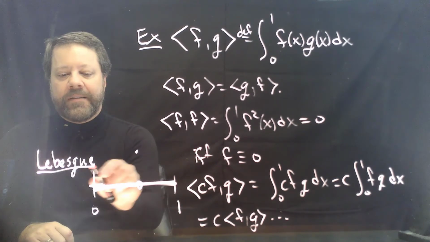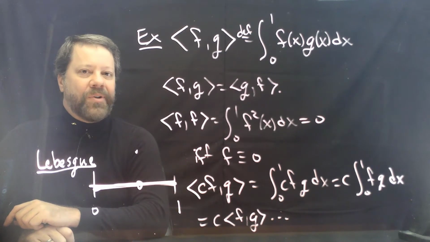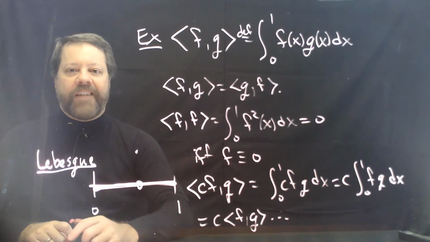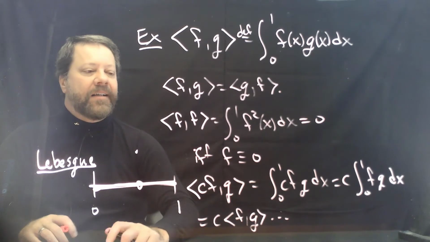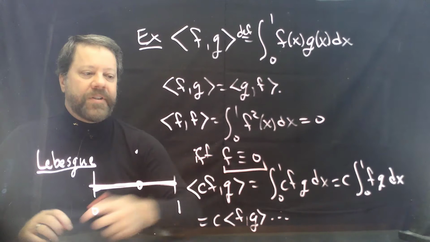However, we're not going to go into the details here. We'll just assume that you can agree that there is a kind of integral where functions that differ on a set of measure 0 may be pretended to be equivalent, or in the same equivalence class, and we'll allow then for this to be a true property.